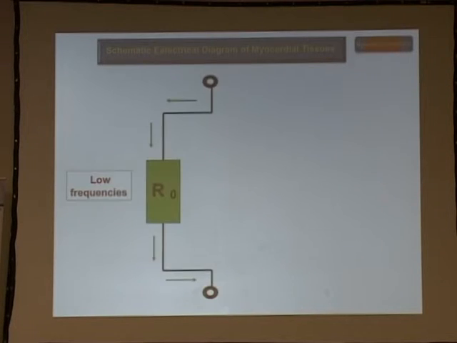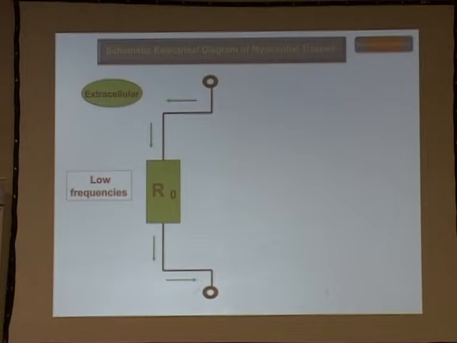The first is a schematic electrical diagram of myocardial tissue. If we use an alternating current at low frequencies, then the current runs only through the extracellular space, and that is the so-called ohm resistance.